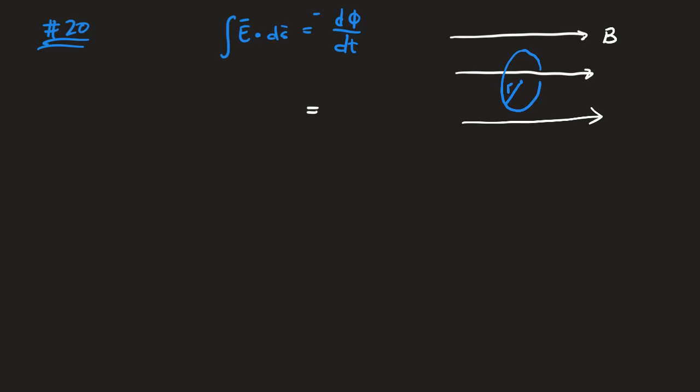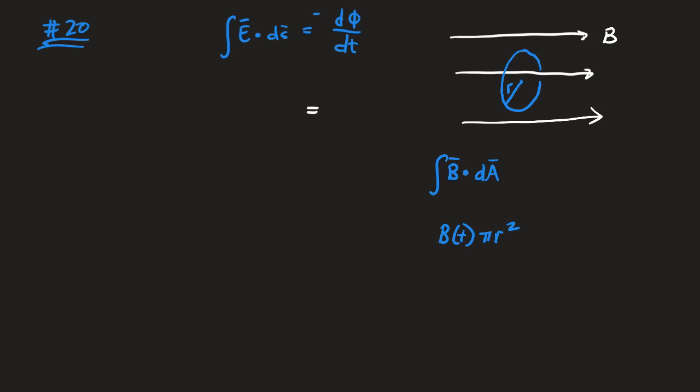So the right side still has to be based on finding the flux, which is B dot dA. The B is some function that depends on time. I'm just going to leave it at that, because it doesn't matter for the flux calculation that it's changing with respect to time. The dA is going to be pi r squared, which is the area inside this loop I've drawn. You have numbers to go with that.